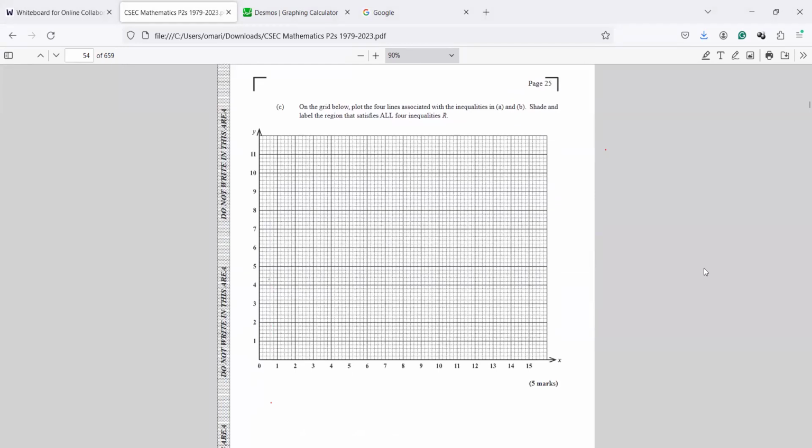Next question says, on the grid below, plot the 4 lines associated with the inequalities in A and B, shade and label the regions that satisfy all 4 inequalities.